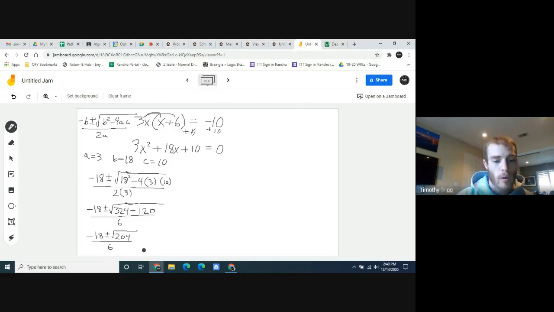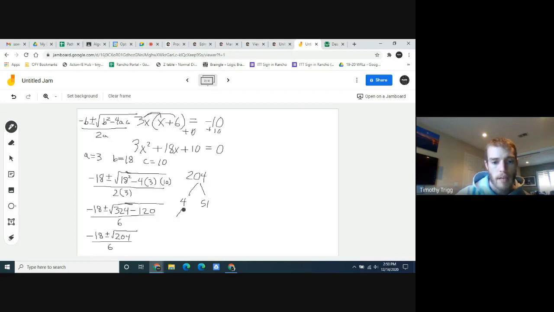Now to simplify a square root, I can show you how to do that. Basically, you would need a factor tree, and we're going to do that. So 204, and we're going to factor tree this out. So what 2 things multiply to give me 204? Well, we could say it's maybe 4 times 51.